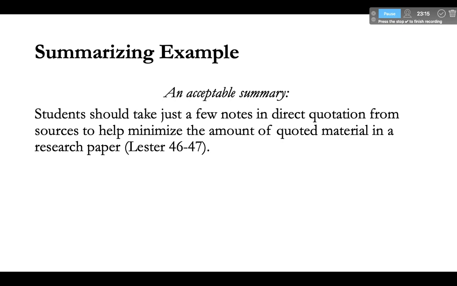But if you're summarizing a page or a paragraph or a chapter, you still need an in-text citation indicating where or what you're summarizing and where that is in the original source.